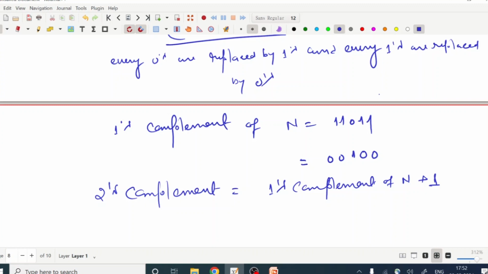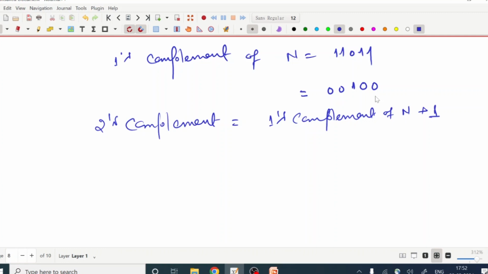In case of a hexadecimal number, we use 16's complement and 15's complement. In case of a binary number, we use 2's complement and 1's complement, and in case of a decimal number, we use 10's complement and 9's complement.